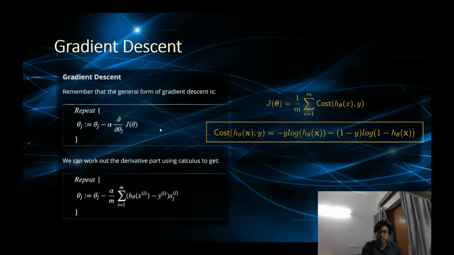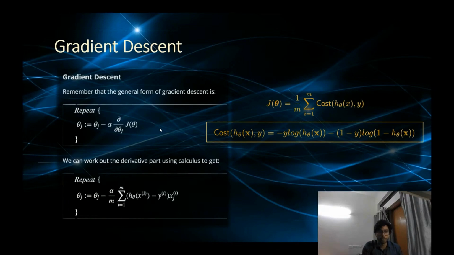And secondly, what is alpha? Alpha is the learning parameter. This will determine how fast you are converging to a minimum. For a very high learning rate, you will take bigger steps towards the minimum of the function, whereas for a small alpha, you will take smaller and smaller steps towards the minimum.